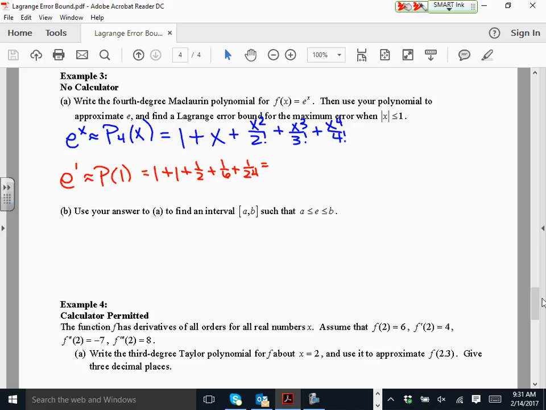We have 1 24th plus 4 24ths plus 12 24ths. 4 factorial, 4 times 3 times 2. 4 times 3 is 12 times 2 is 24. So 1 24th plus 4 24ths plus 12 24ths plus 24 24ths plus 24 24ths is 65 24ths.